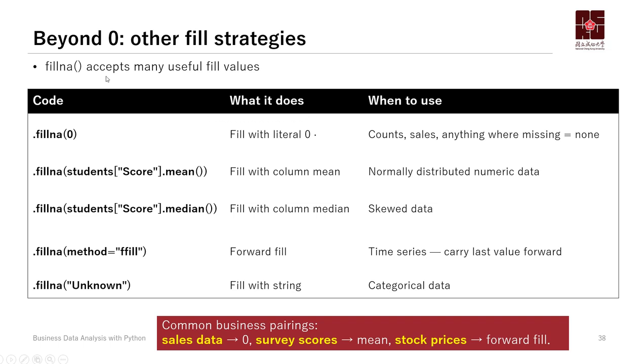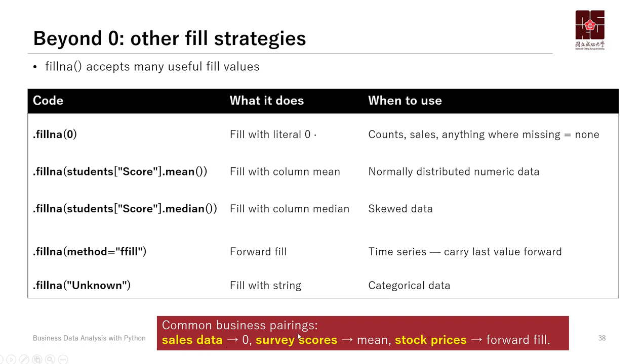And beyond 0, maybe there are other fill strategies. You don't need to only fill 0, you can also fill the mean, fill the median, or fill unknown, like this. For example, if this is normally distributed numeric data, we may need to fill with the mean, and if it is a time series, you can use method ffill. But the common business pairing is like this.